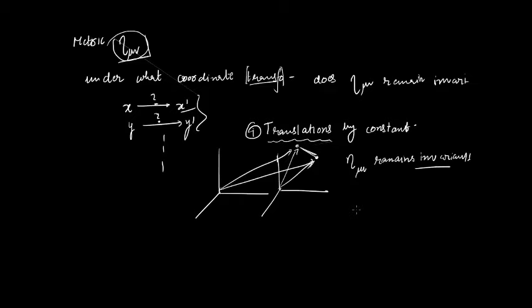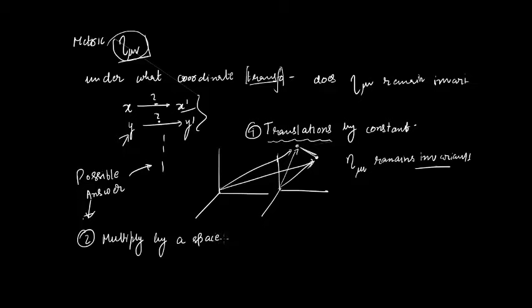Now the other thing that we can possibly do to the coordinate systems is perhaps multiply it by a regular space-time independent matrix. So the second possible answer to the question that we are trying to solve is to multiply by a space-time independent matrix.